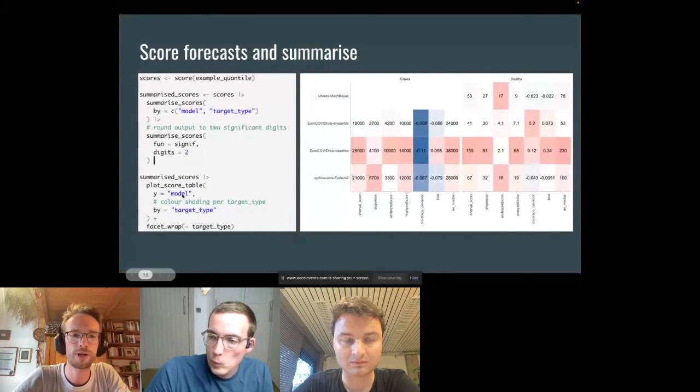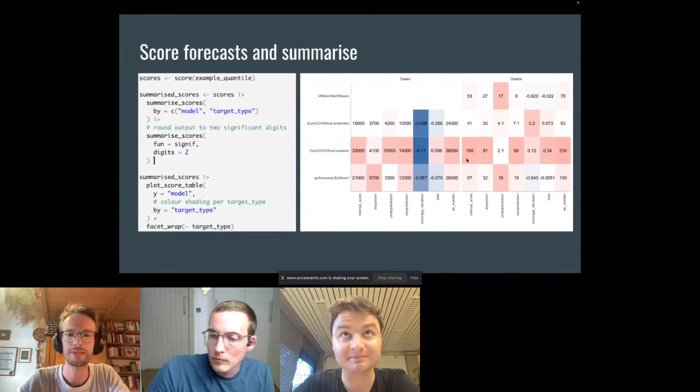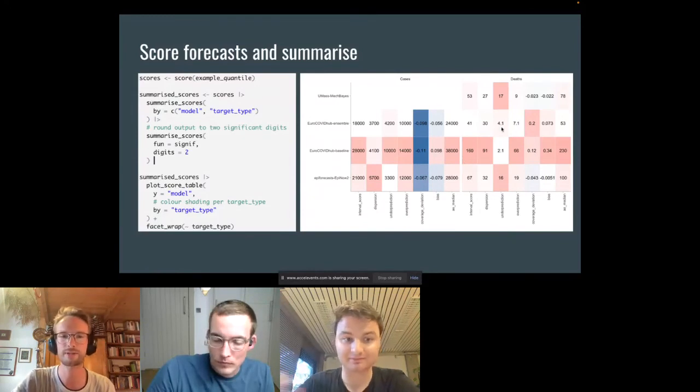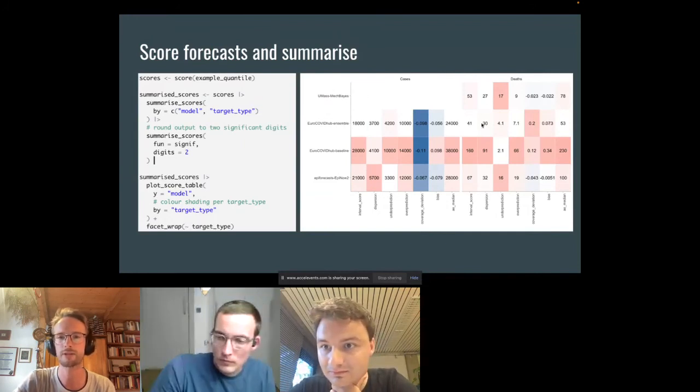There's a plot function, which once you do that, will produce a nice summary of the scores. You can see, for example, that here the ensemble tends to do very well.